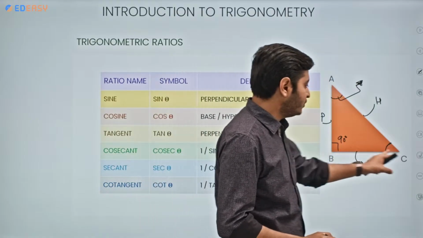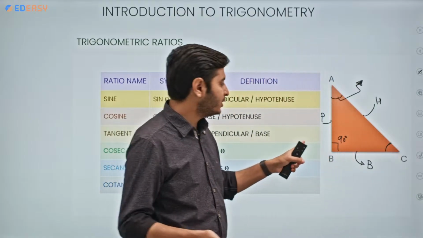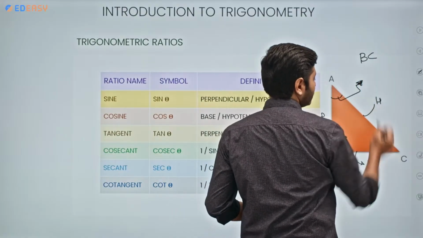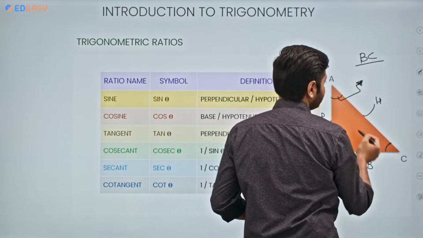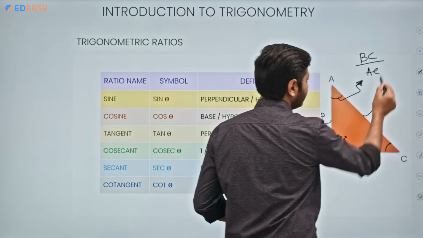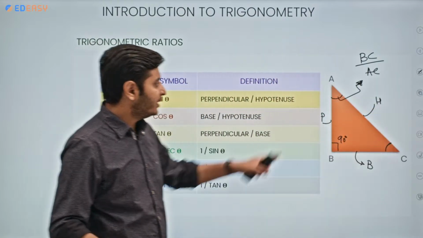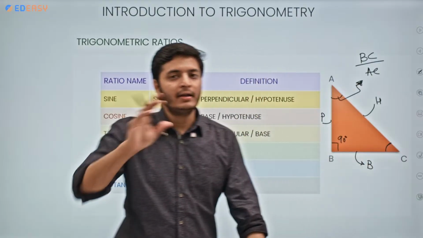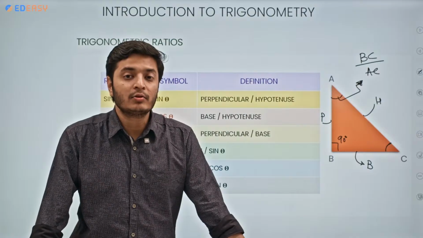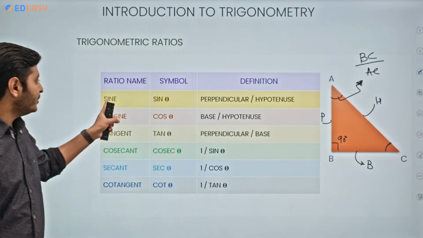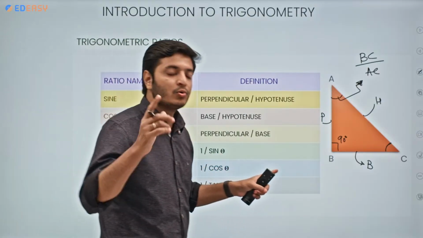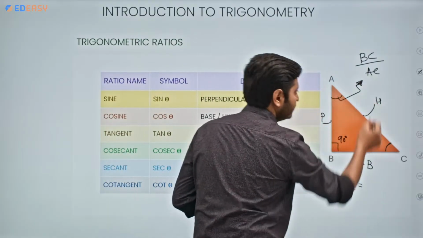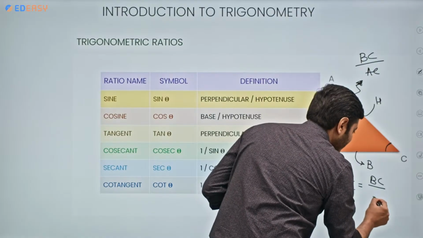That would be perpendicular, but if we are referring to angle A, then the perpendicular is BC and hypotenuse is AC, correct? Now, angle A is the complementary angle of angle C. So if we are finding the trigonometric ratios in terms of complementary angles, then the complementary of sine would become cosine, cos. So cos C value will be the same, BC by AC.